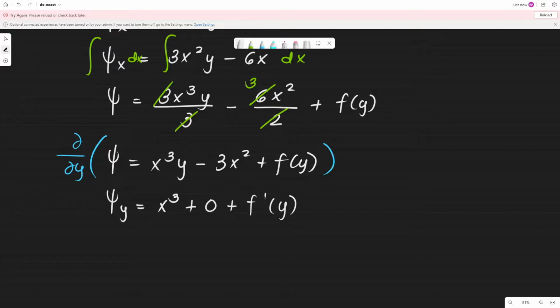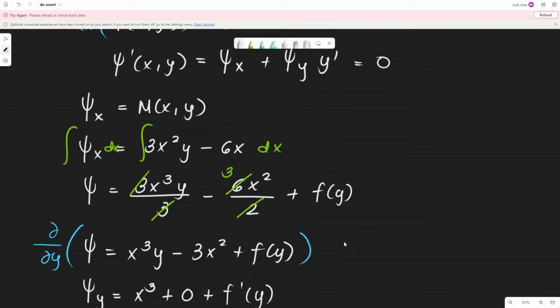Okay, kasi 'di ba nga we have function of y, pag kinuha natin yung partial derivative in respect to y, we will get yung derivative ng ating function, which is f prime of y. So we need to identify what's the value of f prime of y, no? So how are we going to do that?